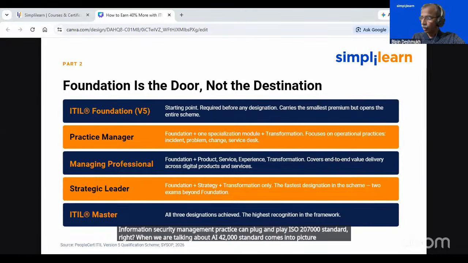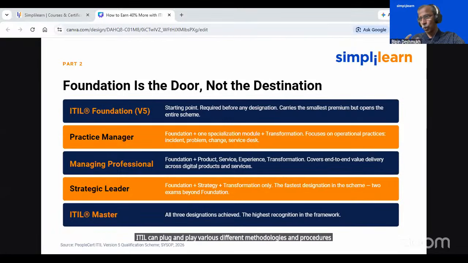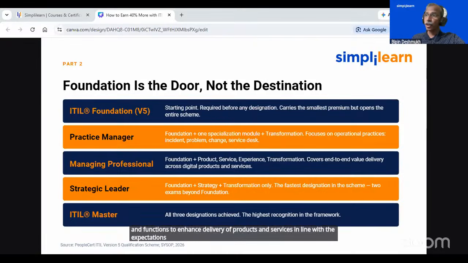When we are talking about general service management, 20,000 comes into picture. So ITIL can plug and play various different methodologies, procedures and functions to enhance delivery of products and services in line with the expectations of IT. This is a framework which can embed multiple methodologies and standards.